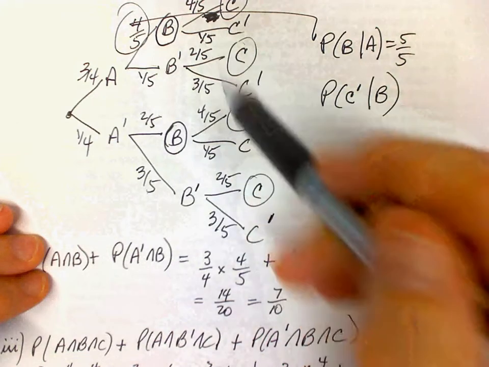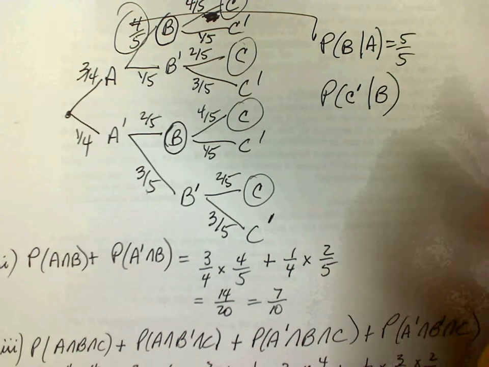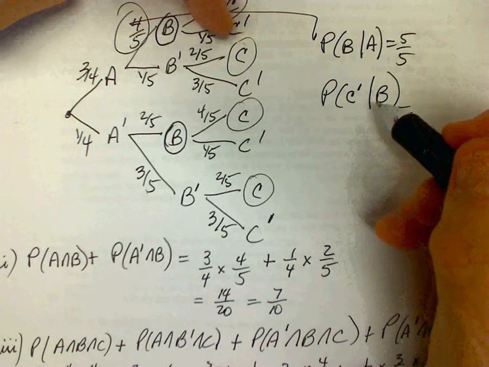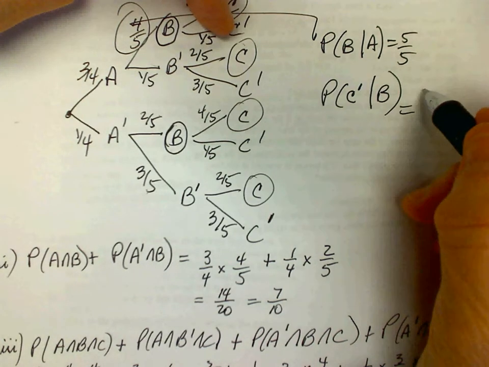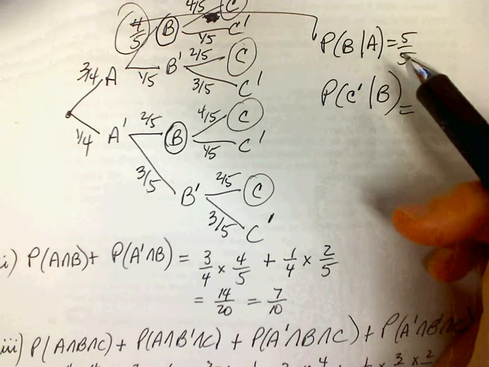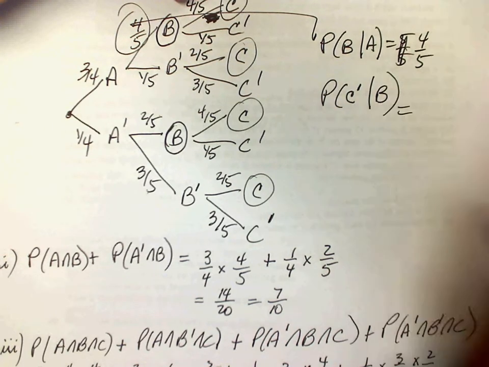That one's 4 over 5, by the way. So where do you get 4 over 5? B given A, from the question before, it's 4 over 5.